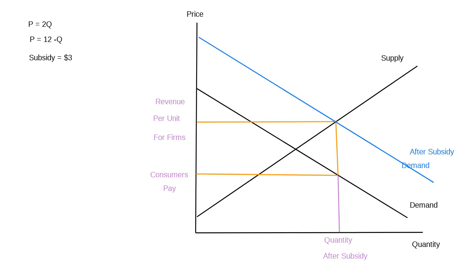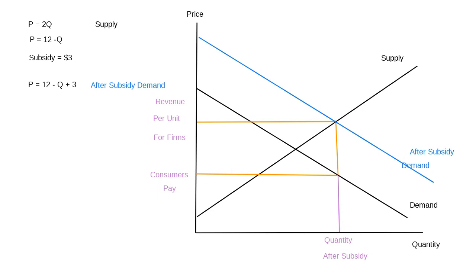So to shift the demand curve up, here's our demand curve. To shift this curve up 3 units, according to algebra, we just add 3 to the demand curve. So this is after-subsidy demand. This is supply.